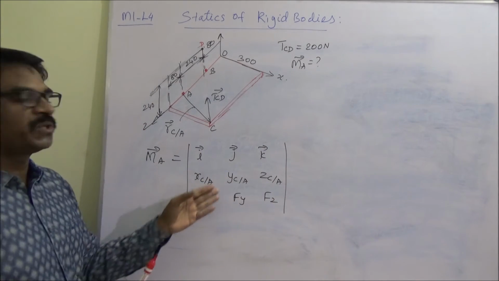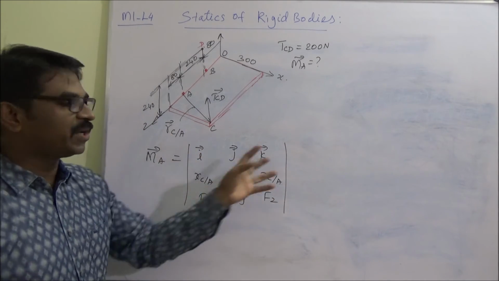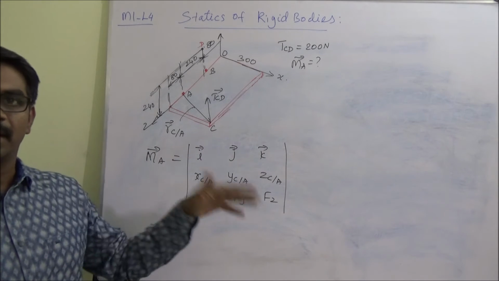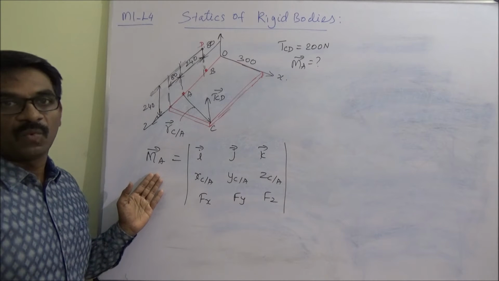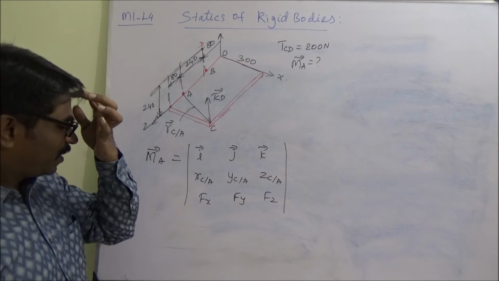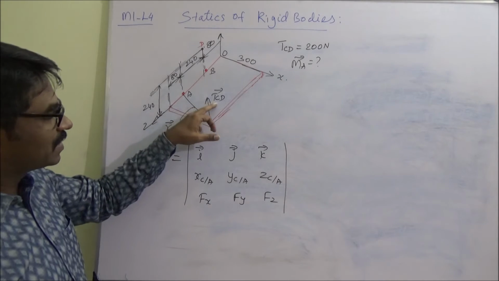Now I have to just put all this inside and find out the determinant. If I use the determinant, we can find out the moment vector. So first we need to find out this vector.